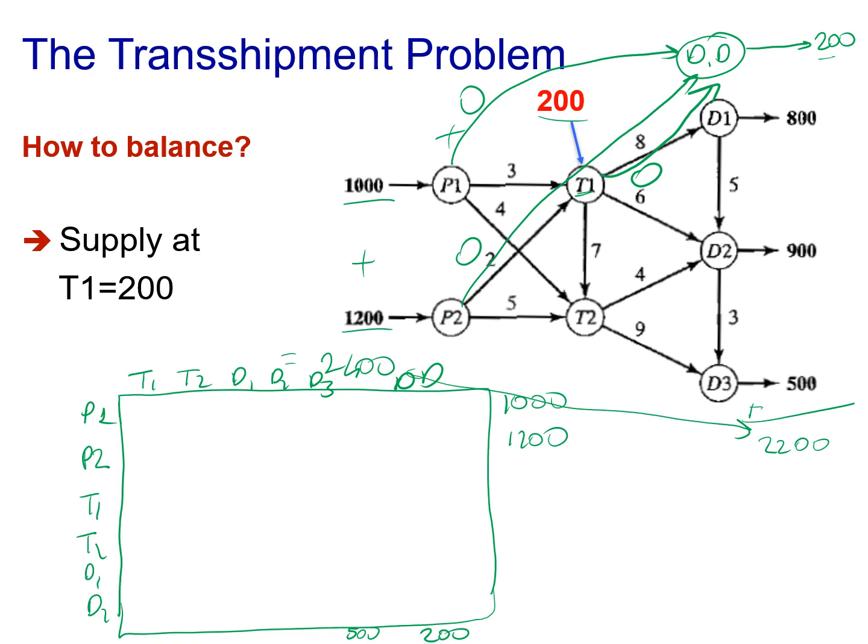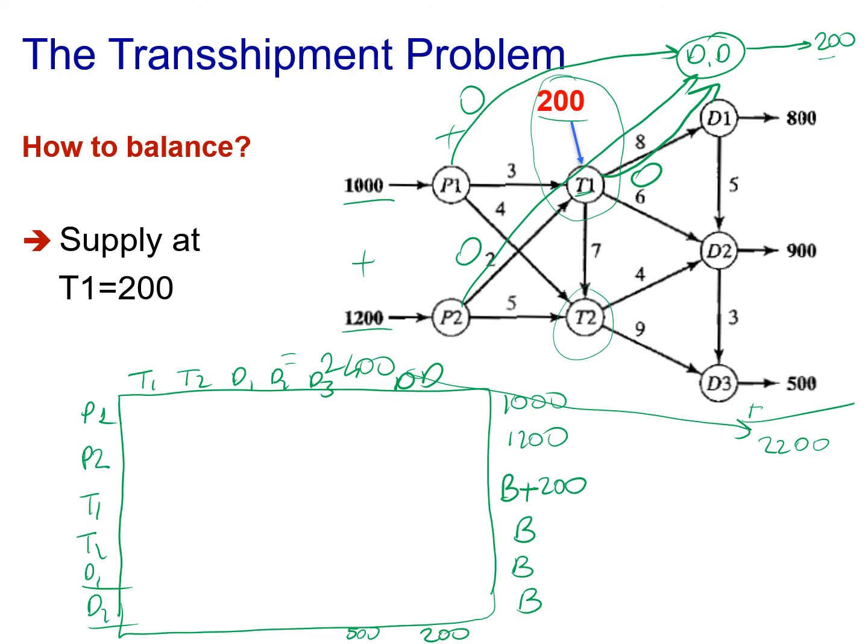What about T1? T1 is a transshipment point and the supply here will be the buffer plus its own supply. What about T2? It's a transshipment point and it will be only the buffer. What about D1? D1 is a transshipment point, doesn't have any supply, it is only B. D2, it will be only B. What about T1 as a demand?